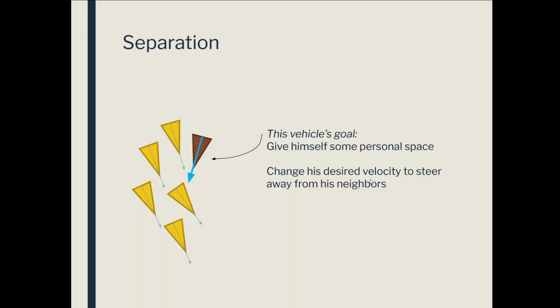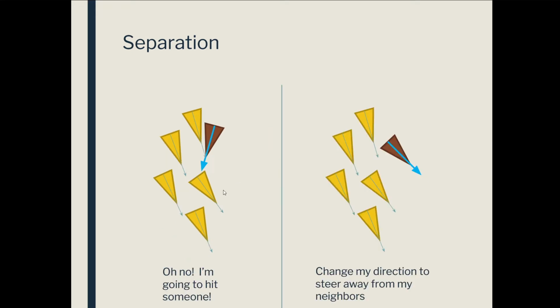So for separation, the goal of the vehicle is to give themselves some personal space. So we want to change the vehicle's desired velocity to steer away from their neighbors. So if a vehicle thinks that they're too close to another vehicle, we want to change the direction to steer away from the vehicle's neighbors.